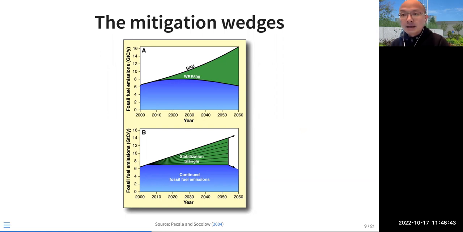And one main contribution from this paper is that we slice the gap into different slices, different sizes, and each slice represents one type of technology.